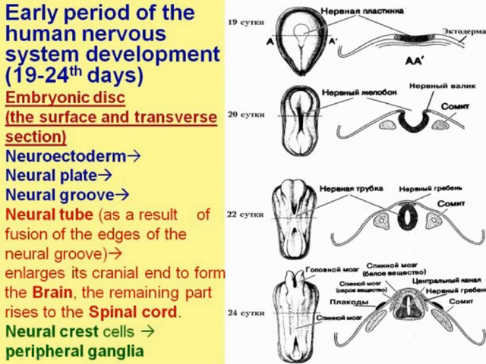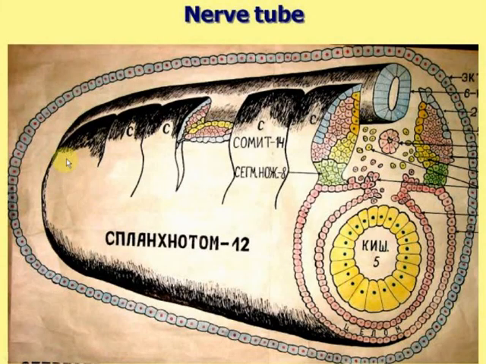They are the source for the sensory epithelial cells of the organs of hearing and equilibrium. This is a schematic drawing of a human embryo at the end of the first month of development. You see ectoderm around and the neural tube.